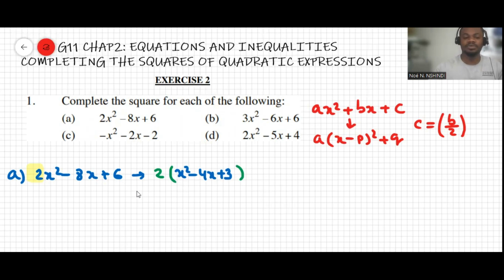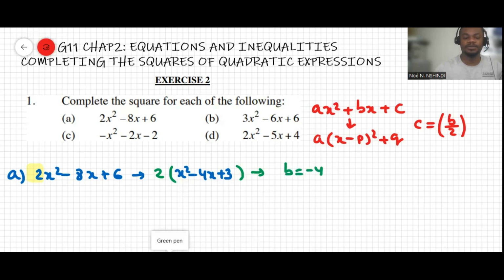The next thing to do is to complete the square. c is b over 2, all to the power of 2. My a is 1, and b is negative 4.